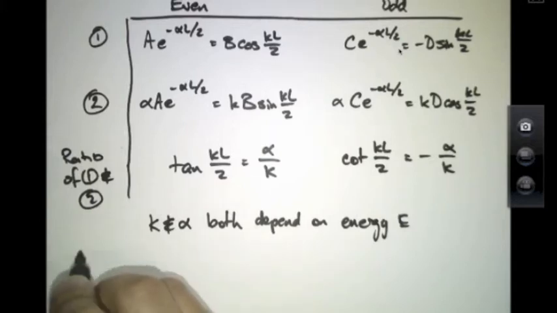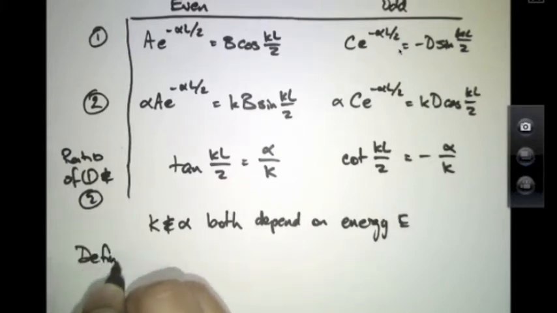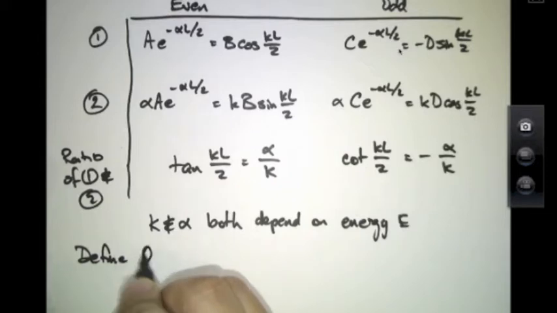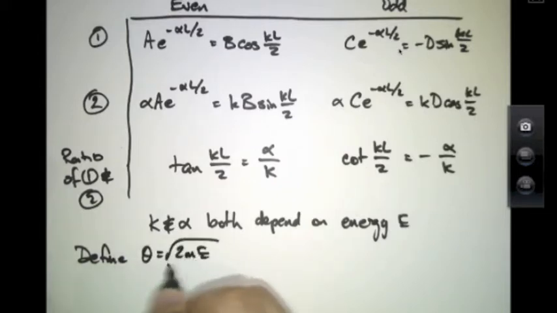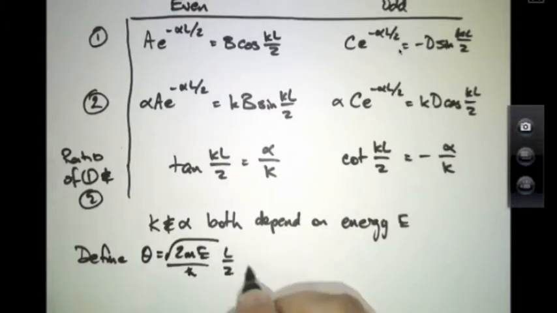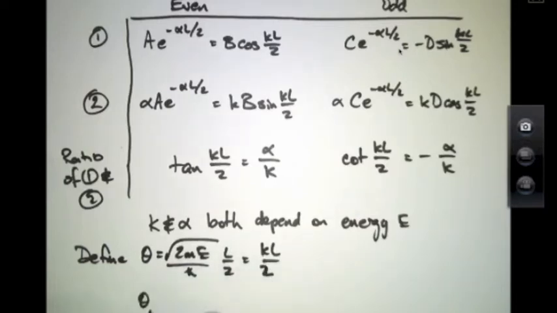But we will define theta to be square root of 2mE over h bar over 2, which is KL over 2, and theta naught is square root of 2m u naught over h bar over 2.